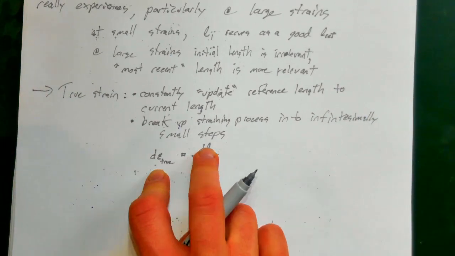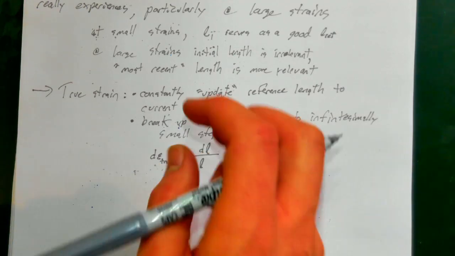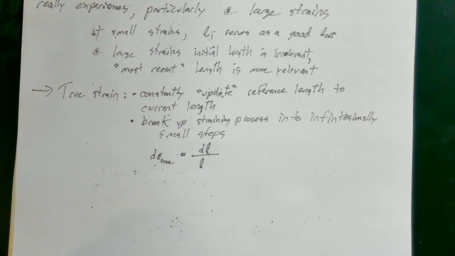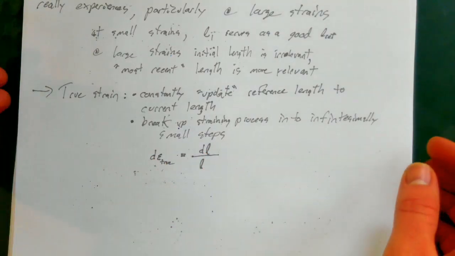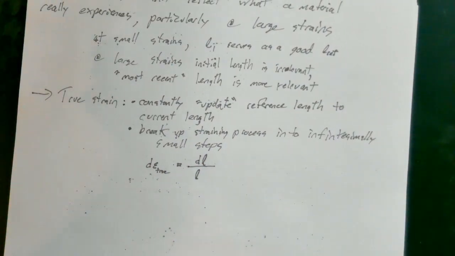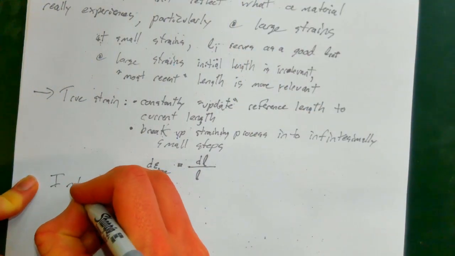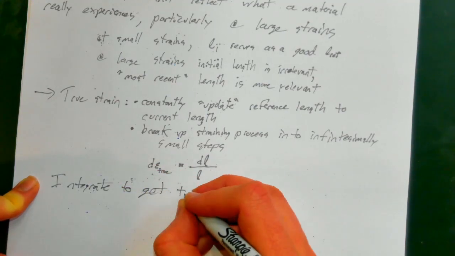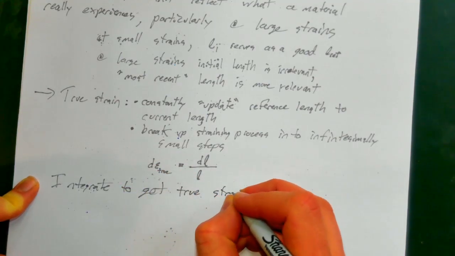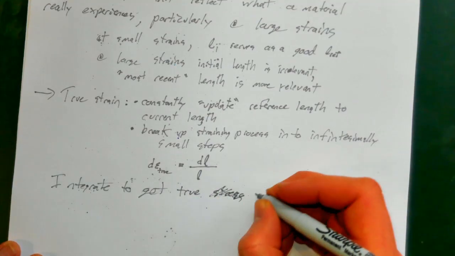So if we have infinitesimally small things, and we want to add up an infinite number of them, well, the way you add up infinitesimally small things in a calculusy sort of way is via integration. So we integrate to get true strain.